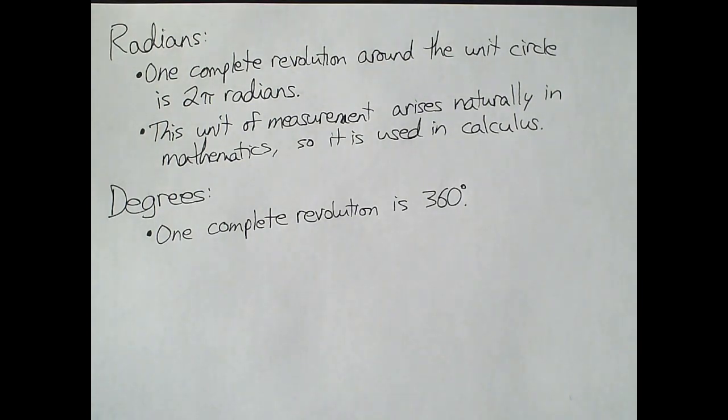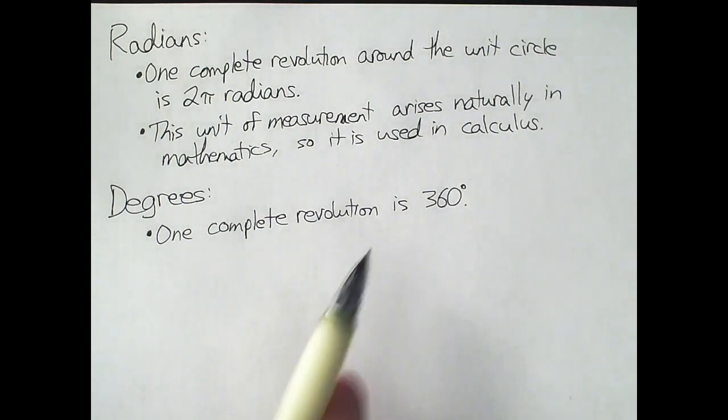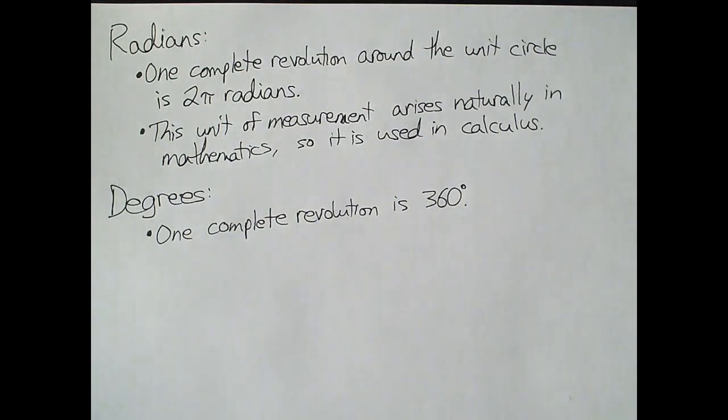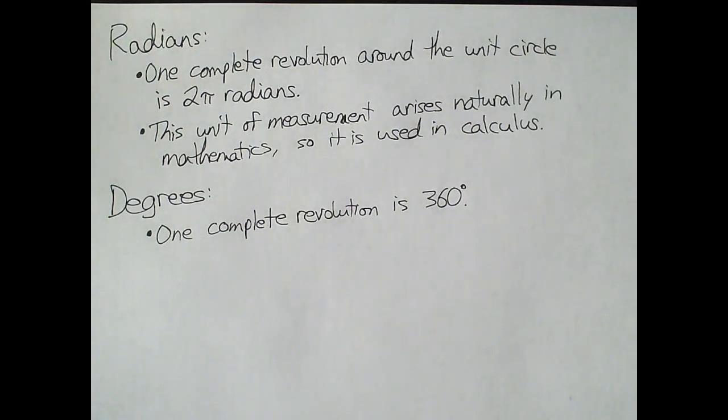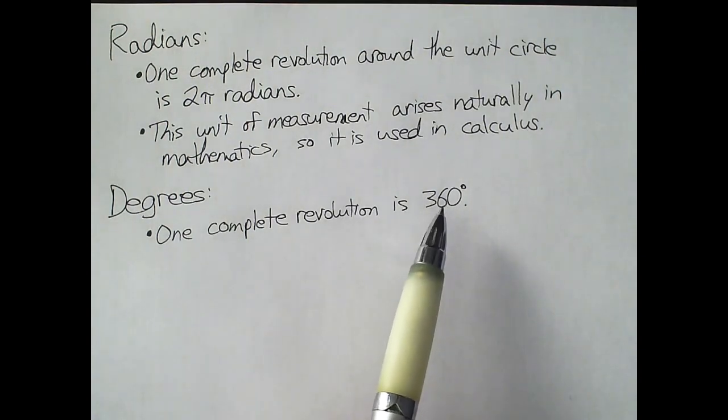It might seem like a pretty large number. Why pick such a large number, 360? And it really comes historically from people who were counting in base 60, and the fact that 60 and 360 have a lot of divisors. 360 is actually a convenient number to use because it's easy to divide this in half.